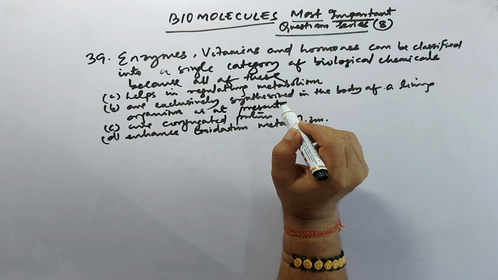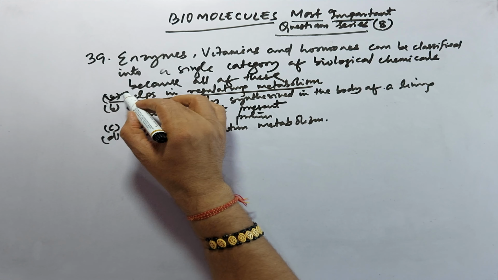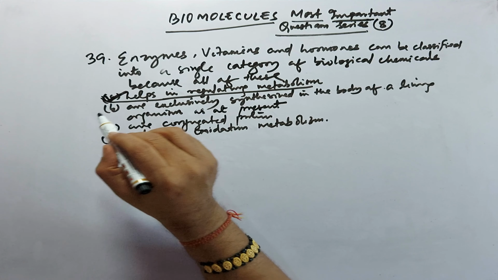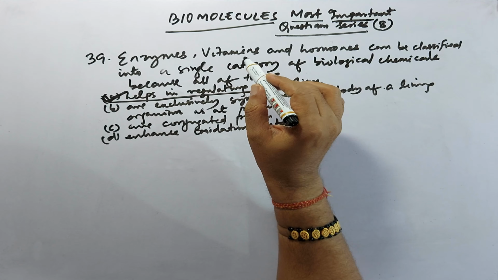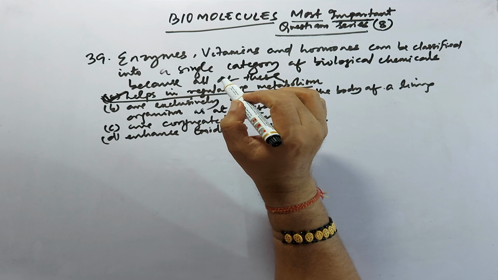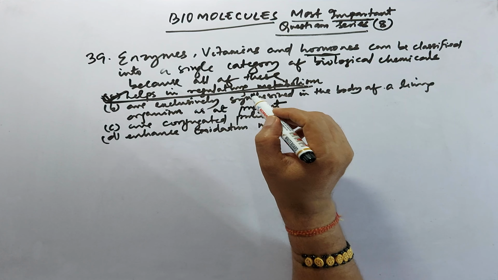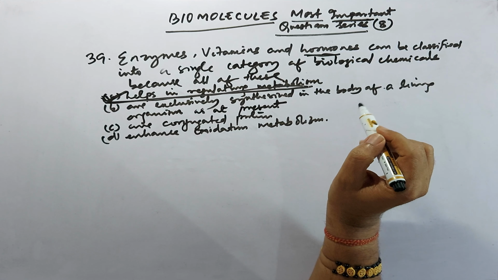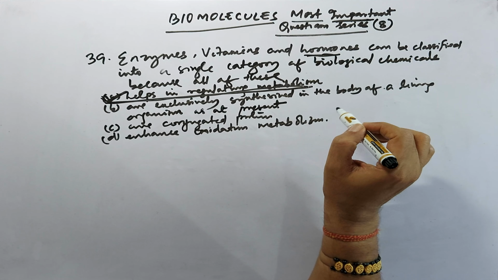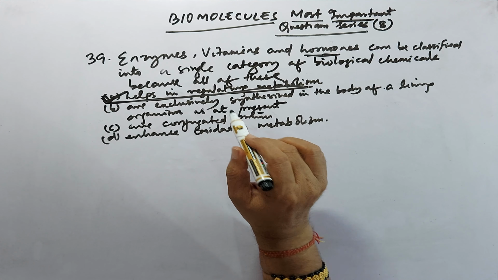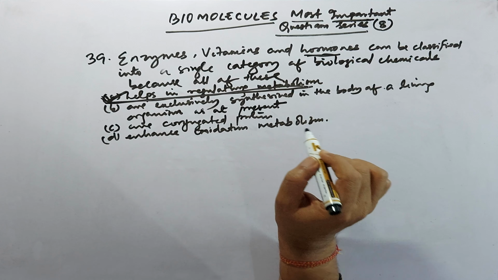Mainly the important thing is that they help in regulating metabolism. Enzymes act as biocatalysts, vitamins are precursors of coenzymes, and hormones are chemical messengers. The other options are rejected because some vitamins are taken from outside sources, not all are proteins so not conjugated proteins, and it is not always oxidation metabolism.